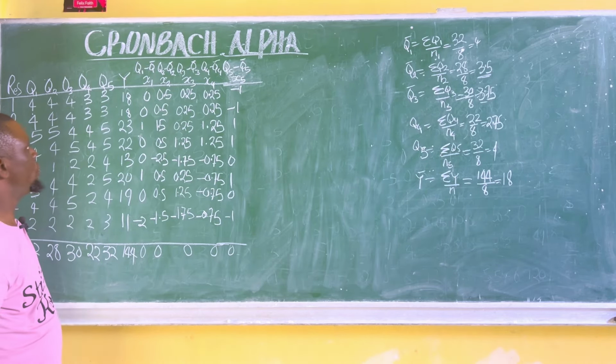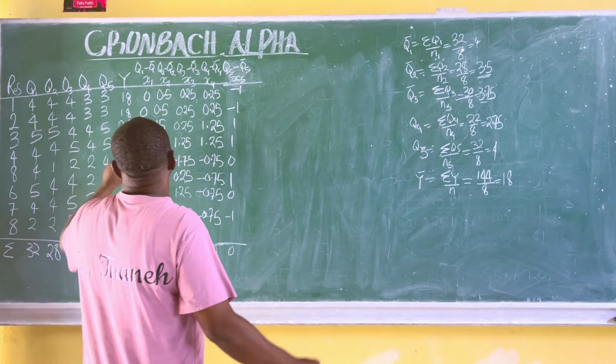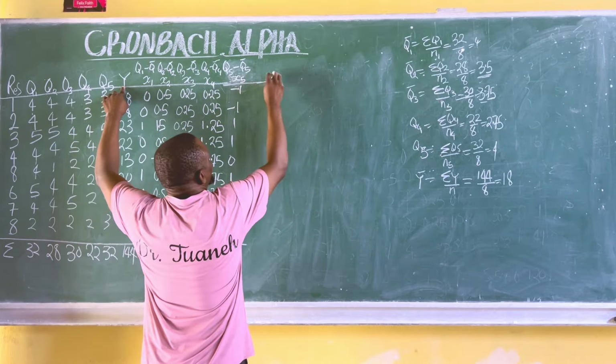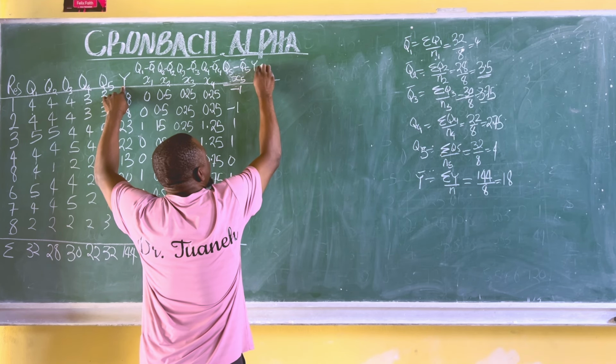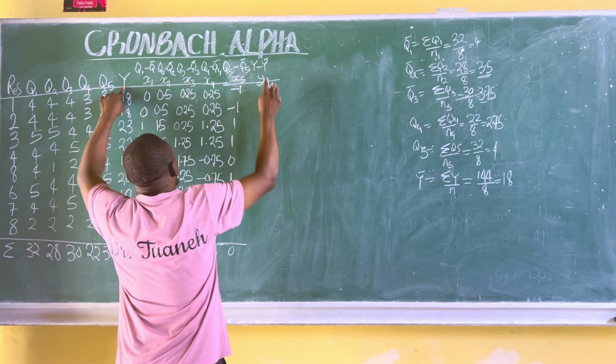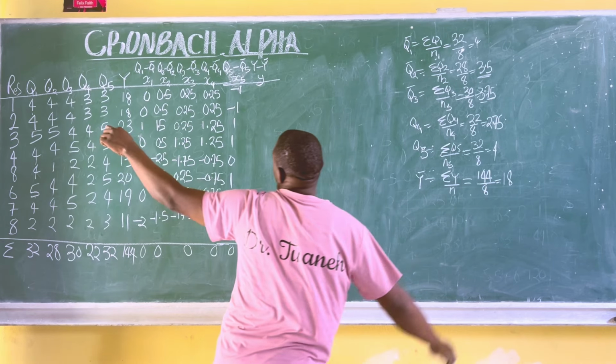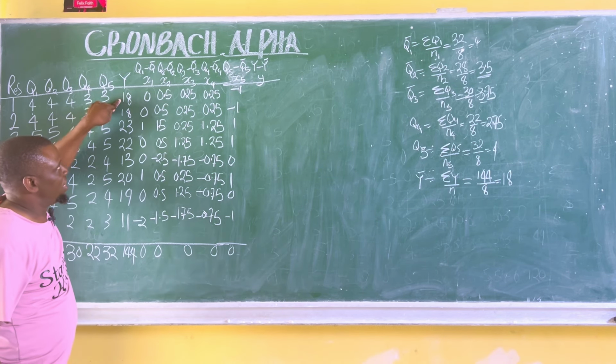Okay, so now the last one on this is small y, which is going to be our capital Y minus capital Y bar. Our capital Y bar is 18, and our capital Y here is 18.